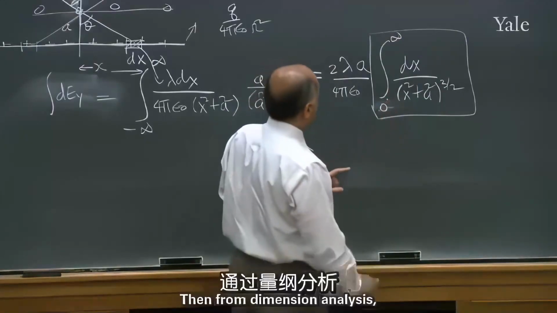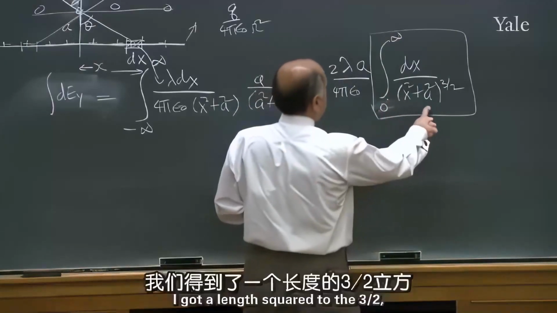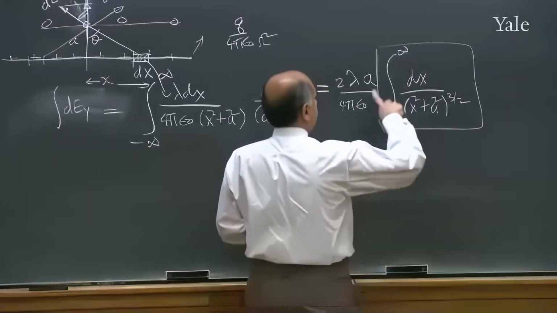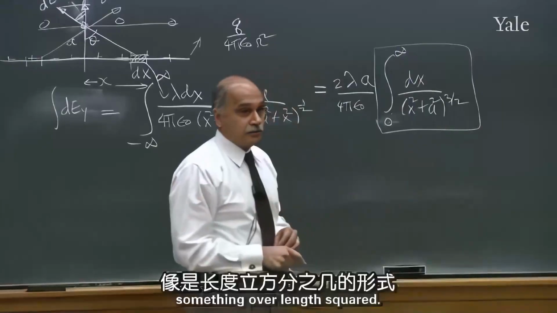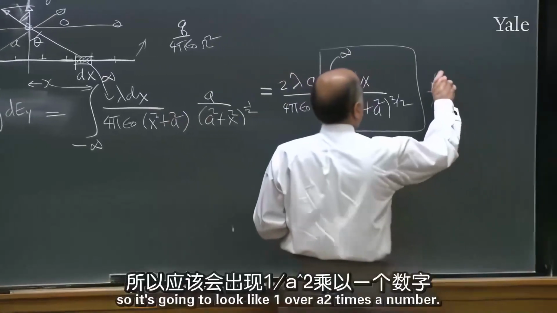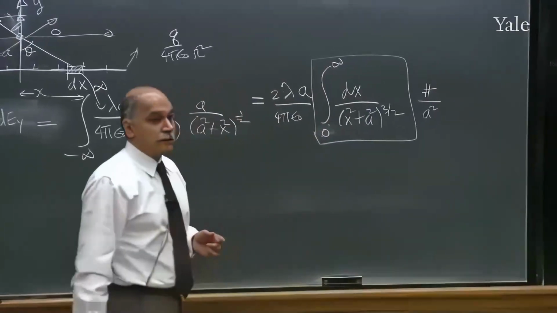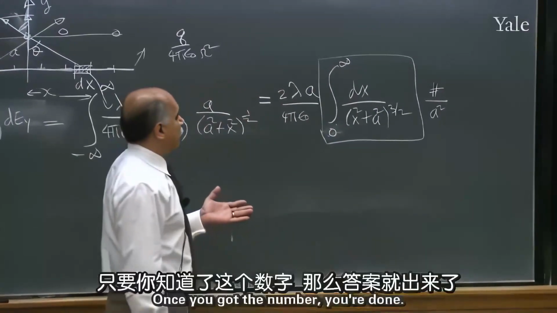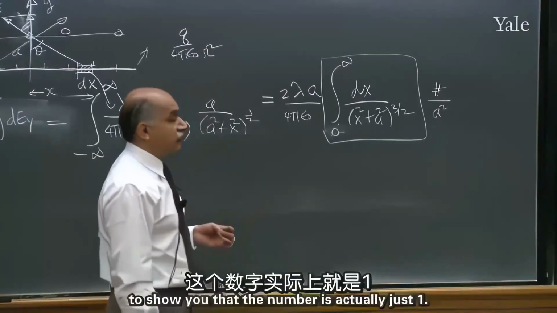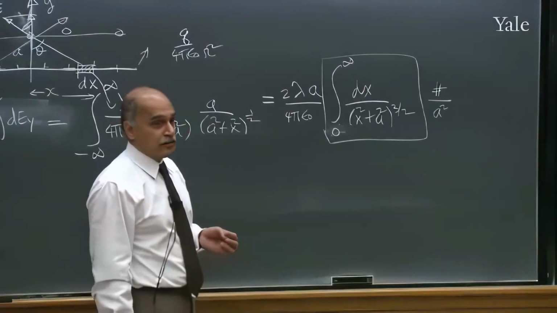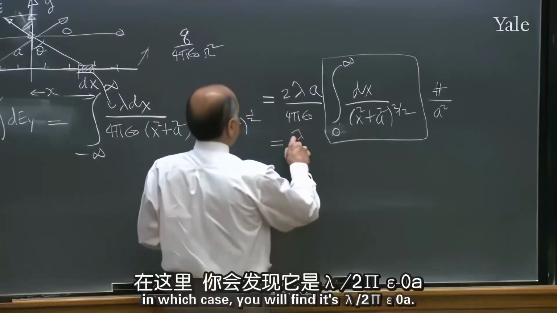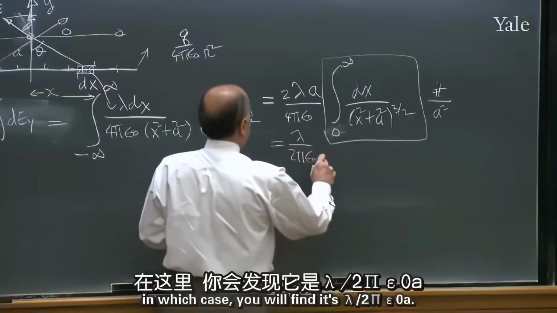Then from dimensional analysis, I've got a length squared to the 3 over 2, that's length cubed, and a length on the top. So the whole thing should look like something over length squared. The only length I have is a, so it's going to look like 1 over a squared times a number. Once you've got the number, you're done. So I'm going to do all the work now to show you that the number is actually just 1. This number will turn out to be 1, in which case you will find it's lambda over 2 pi epsilon 0 a.